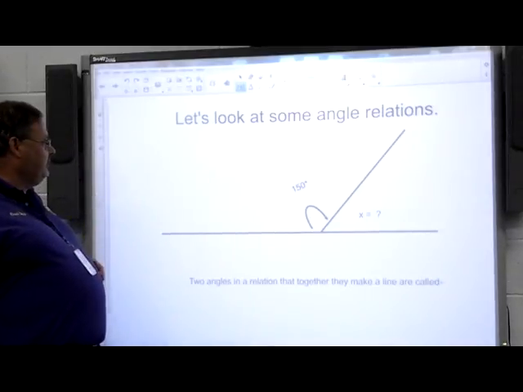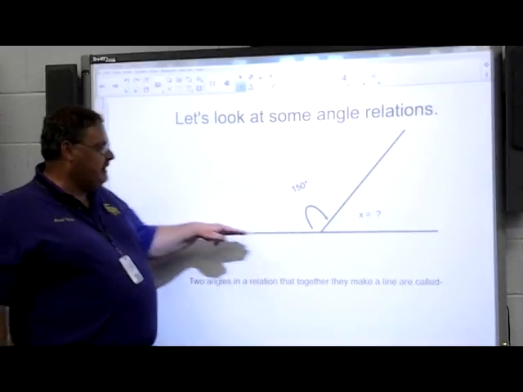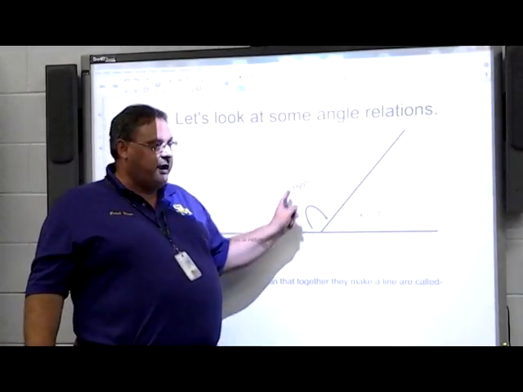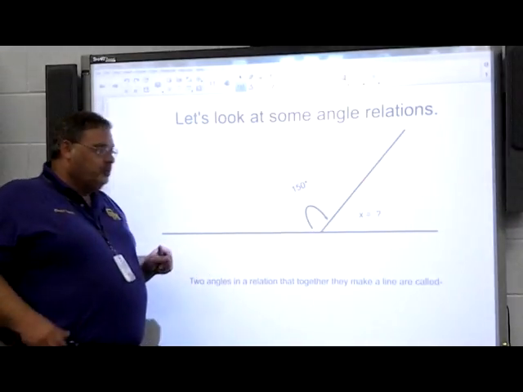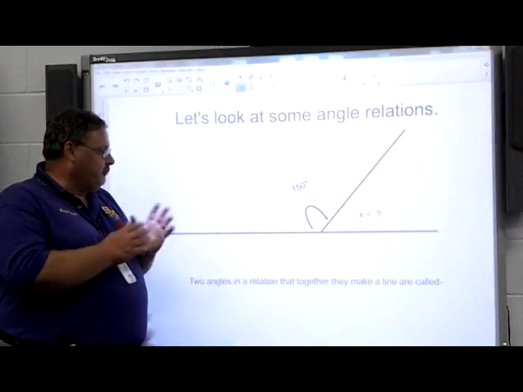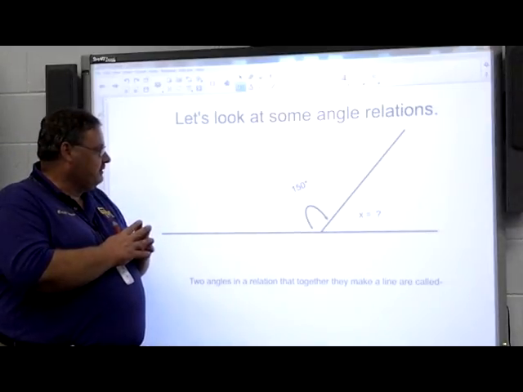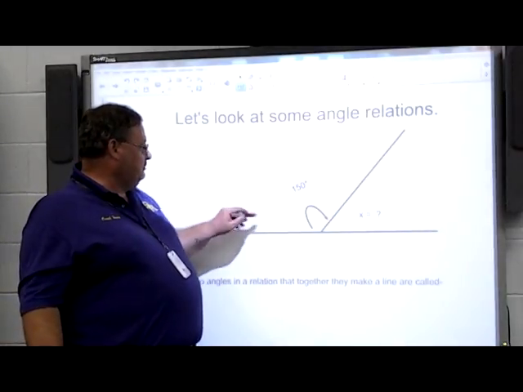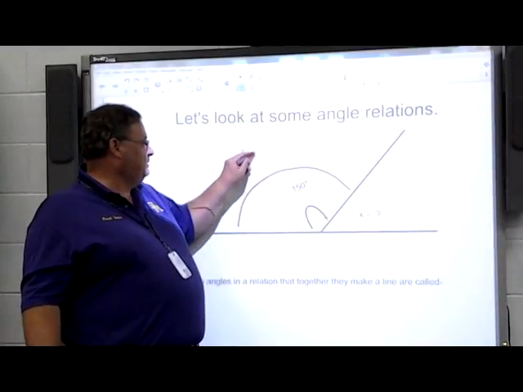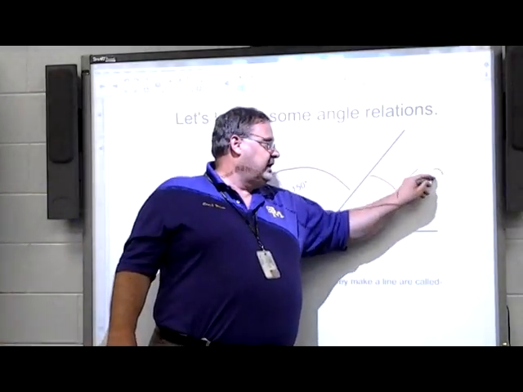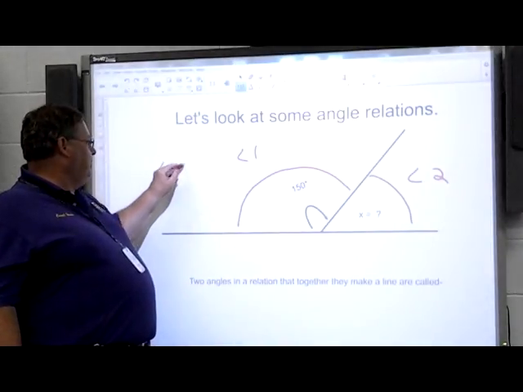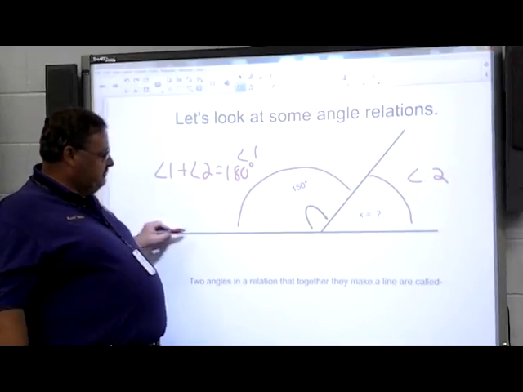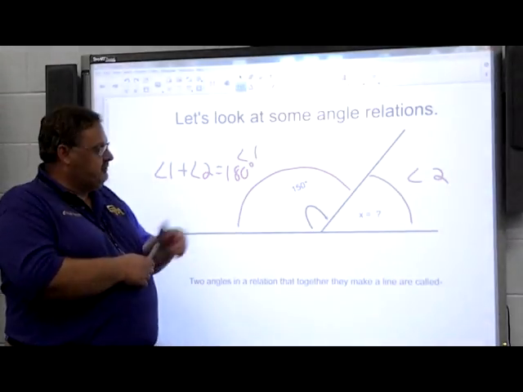When we start going on to angle relationships, if I know that a straight line is 180 degrees, and I have a ray cut off and form two more angles, okay, we come up with one of the first relationships that we want to talk about. All right? So if this is supposed to equal 180 degrees, or this angle, I'll call this one angle 1, and we'll call this one angle 2, I would know mathematically that angle 1 plus angle 2 will have to equal 180 degrees because we know that that measurement is 180 degrees as we just talked about.